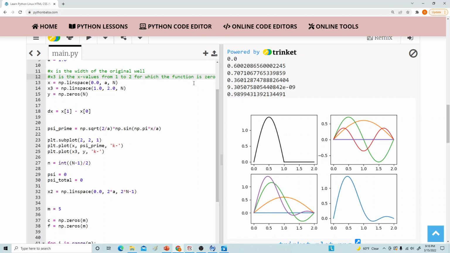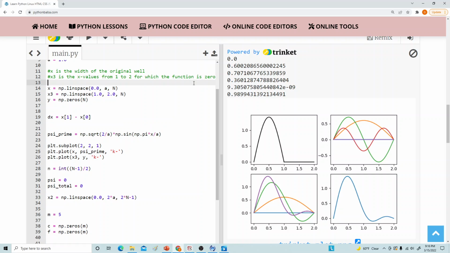And then y is the zeros from x equals 1 to x equals 2.